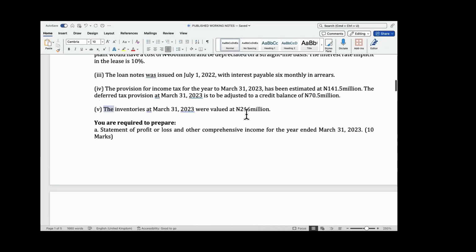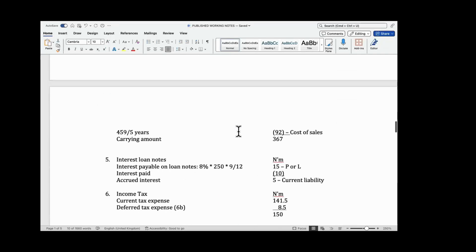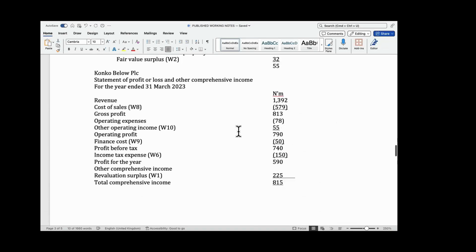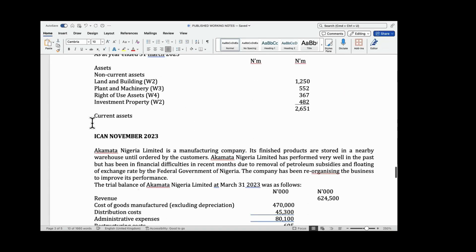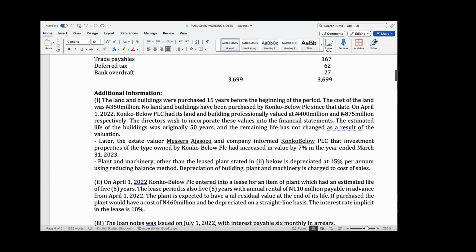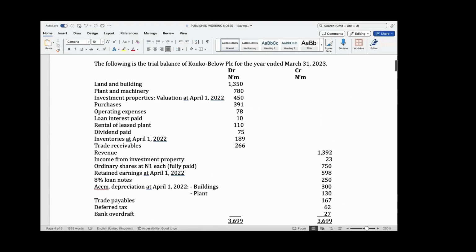It's only this one that will come in as current assets, inventory of 216. But I saw trade receivable. Okay, let's check. Okay, yeah, that's true.